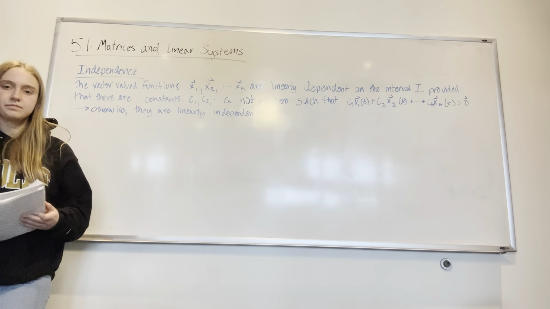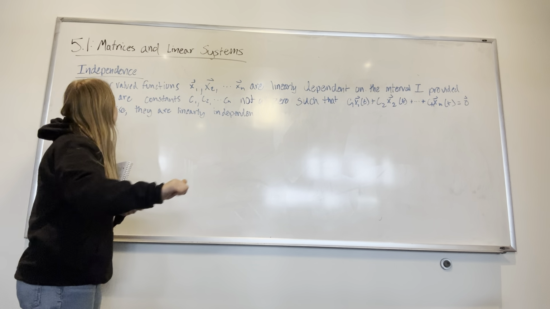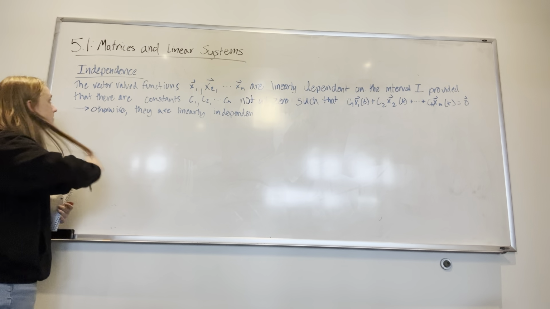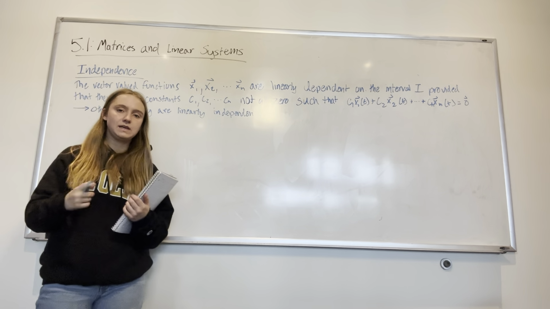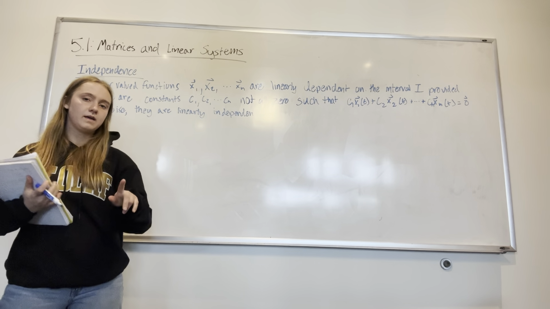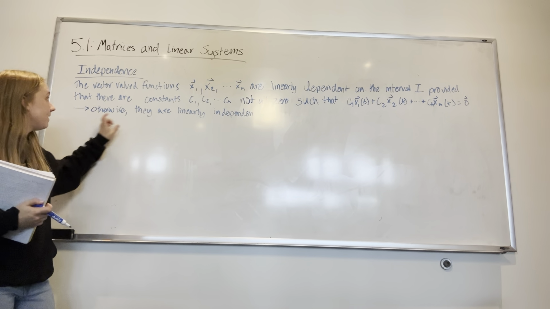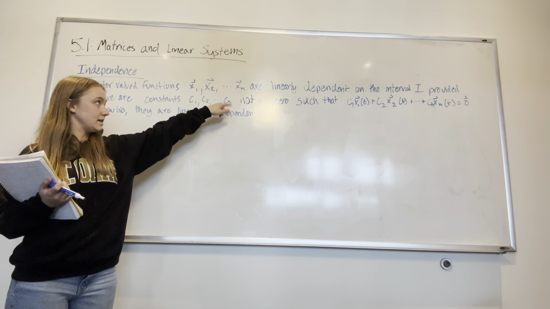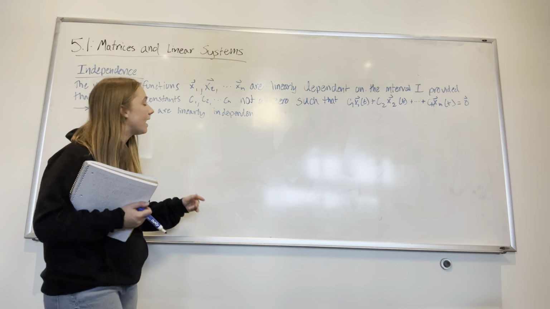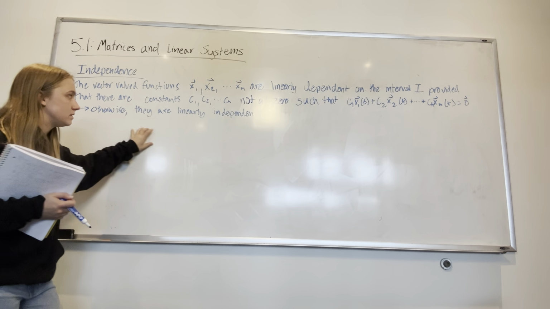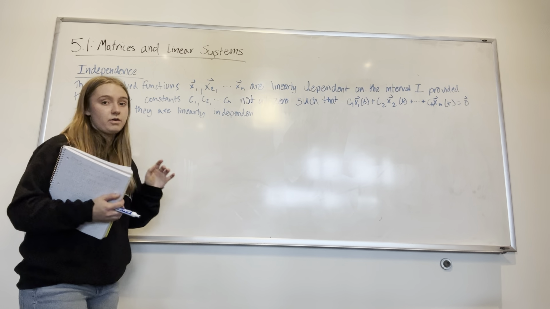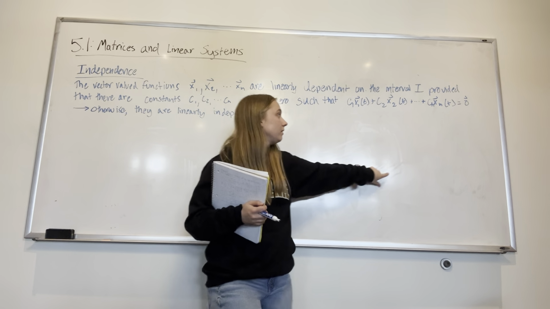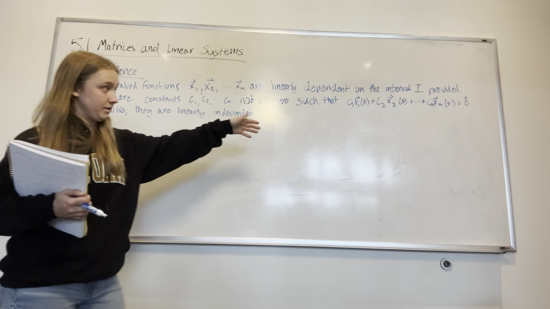Okay, guys. The next section of this lesson talks about linear independence. Basically what I've written up here tells us that when finding if something is linearly independent or dependent, which we will find the method to solve for, what it means is that the vector valued functions x hat sub 1, x hat sub 2, all the way to x hat sub n are linearly dependent on the interval I, provided that there are constants c1, c2, all the way up to cn that are not all 0, such that when our solutions are added together, it can equal 0.